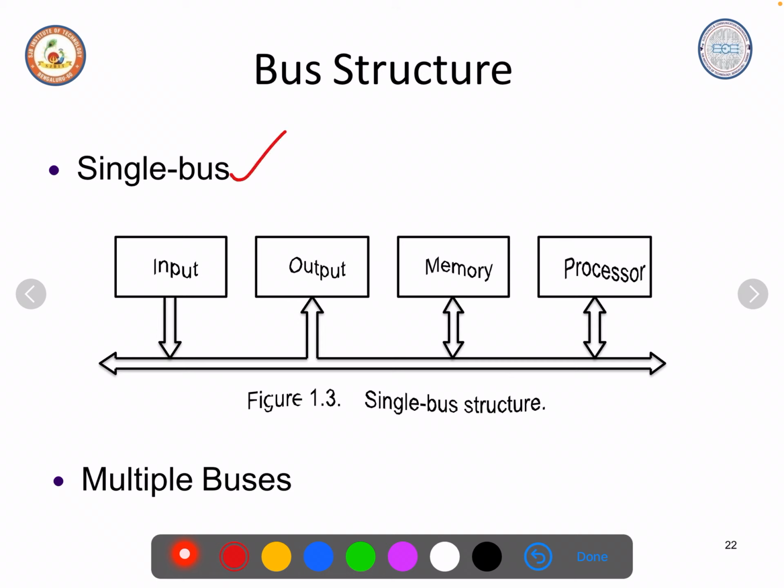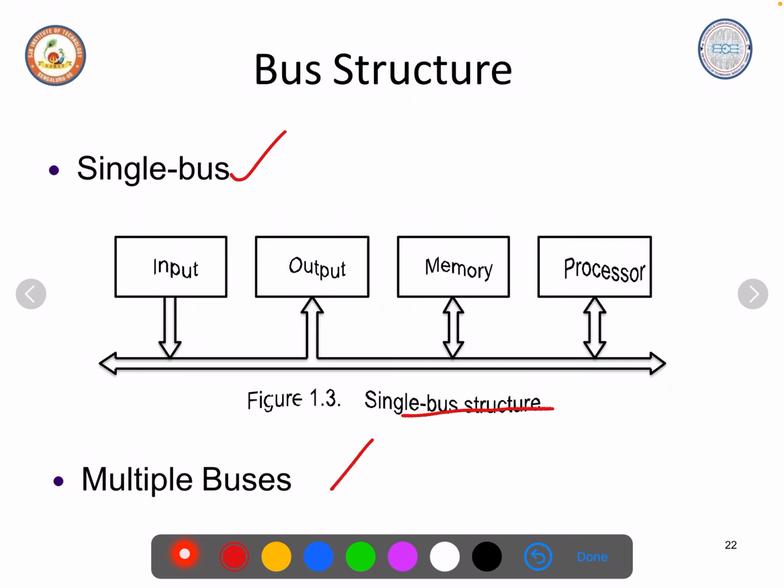It can be a single bus or multiple buses. This indicates the single bus structure, where the different components are interconnected through the bus. Interconnection from input to output, input to memory, input to processor, or processor to output or input, all these connections are established through buses.